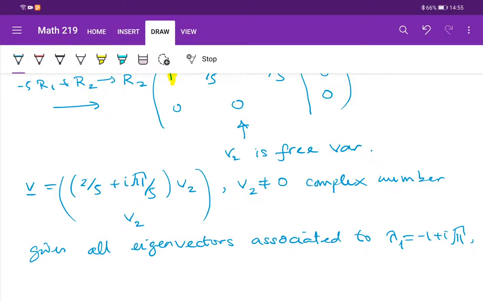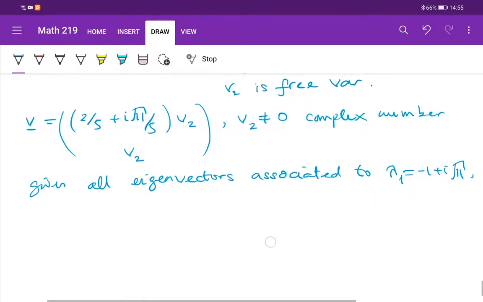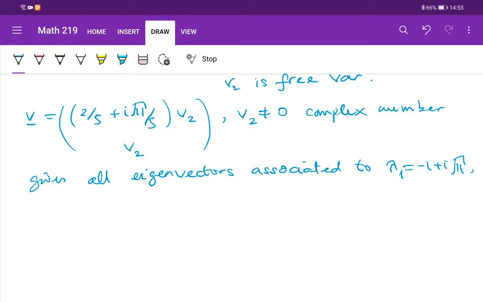If it was real, its conjugate would be the same, and so that vector would be an eigenvector for both lambda 1 and lambda 1 bar, which is impossible clearly. Okay, anyway, so that's how it works in the case when you have complex eigenvalues and eigenvectors. So that's enough for eigenvalues and eigenvectors.